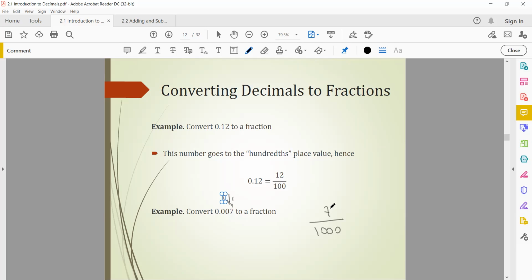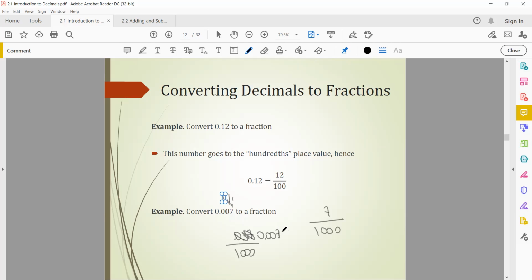And let me just try to think of any common mistakes that people make in this case. Here's one common mistake that I see. Sometimes people will write the answer as 0.007 over 1,000. So that's one mistake. Some people mistakenly will write the original number on top, when in reality, you just write the actual digits as whole numbers.